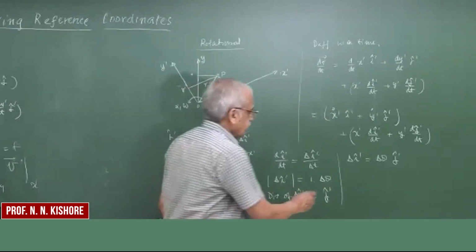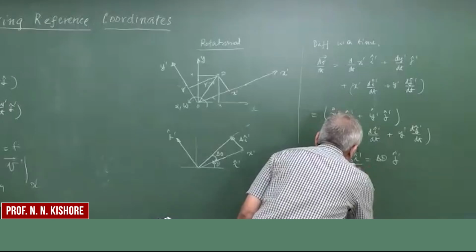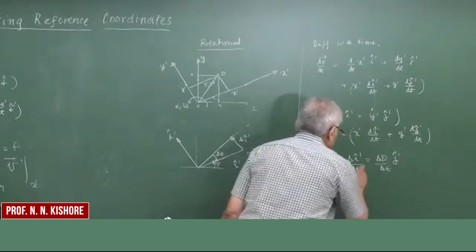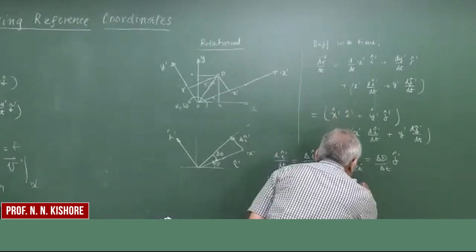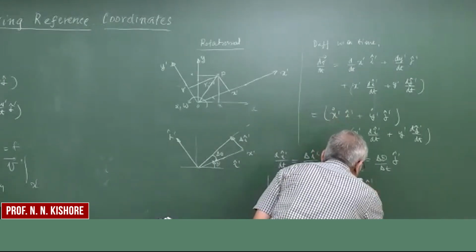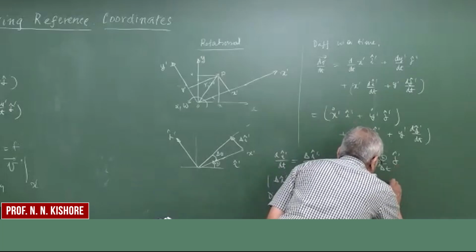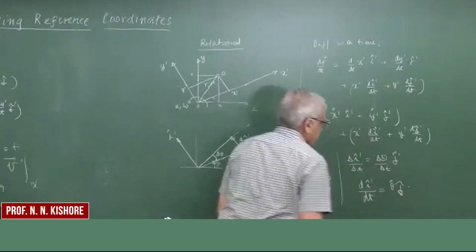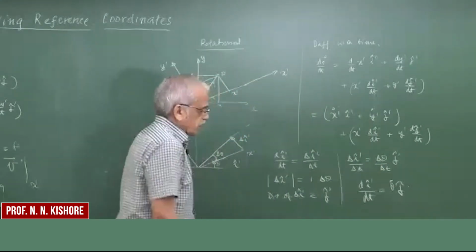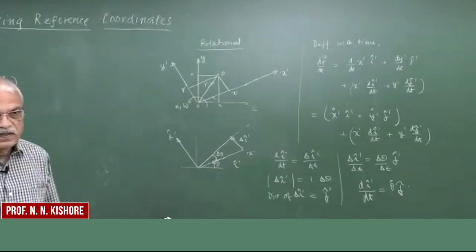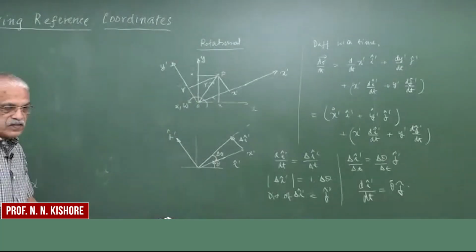If you take the quotient with delta t, di prime by dt is nothing but theta dot j prime.